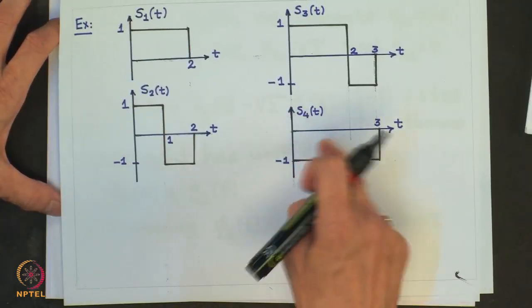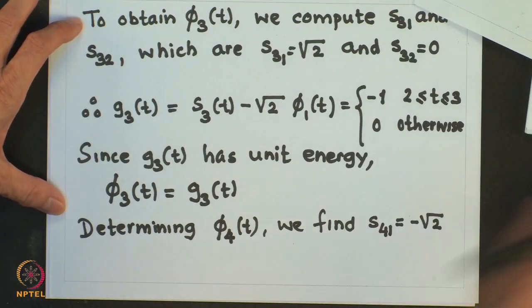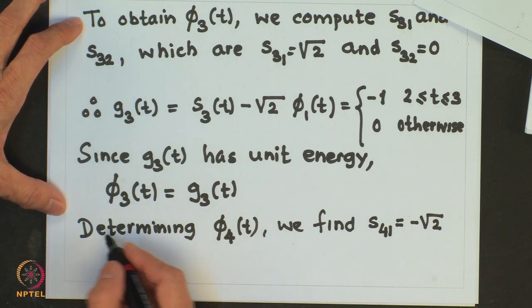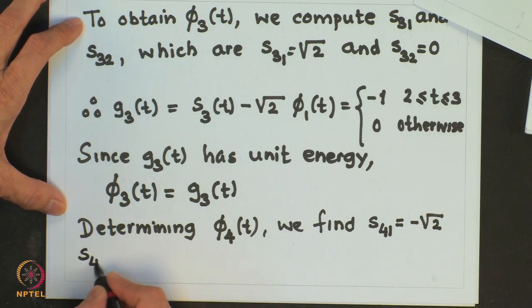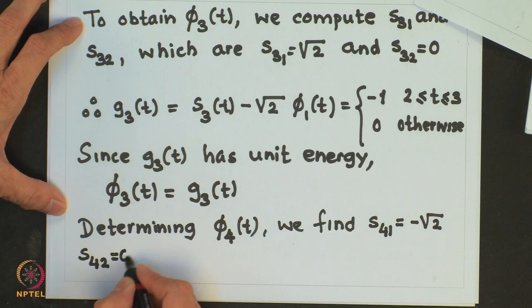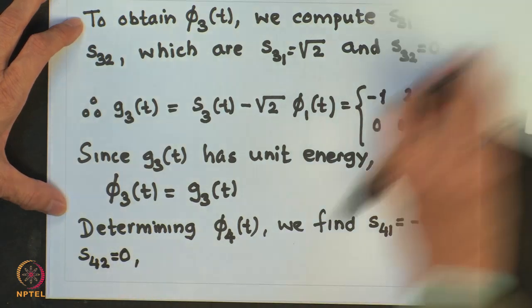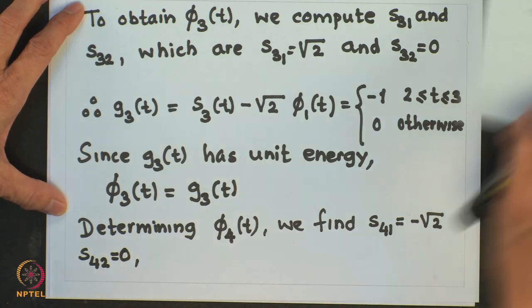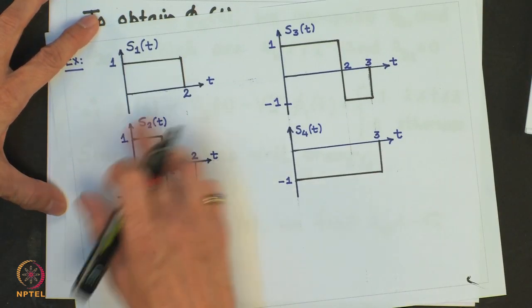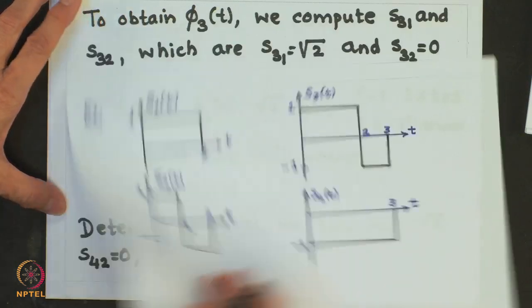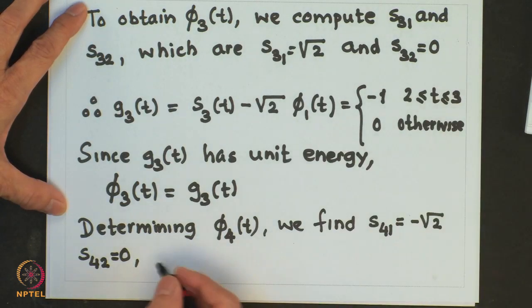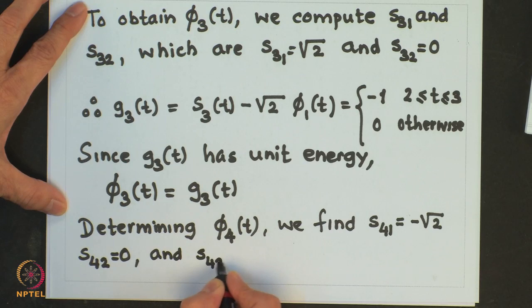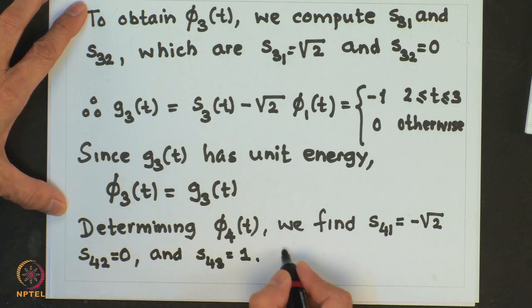So, the projection of this on phi 1(t) will be equal to minus root 2, s42 would be equal to 0, correct, fine. I am showing this because phi 2(t) is similar to this, okay, and s43 would be equal to 1, okay.